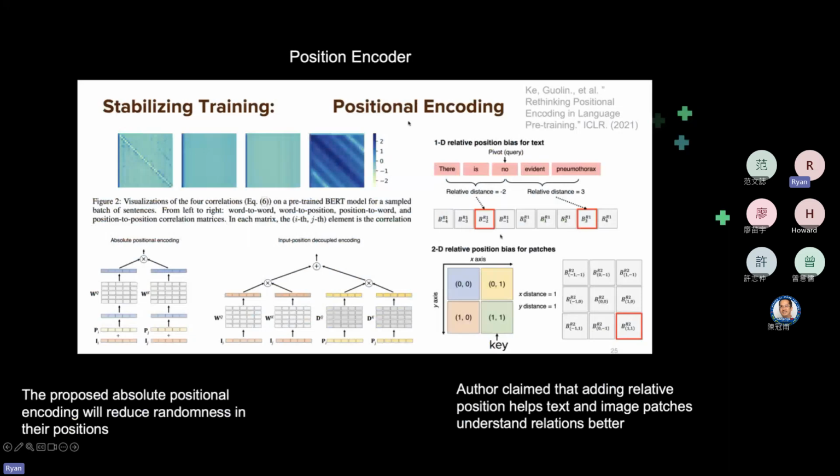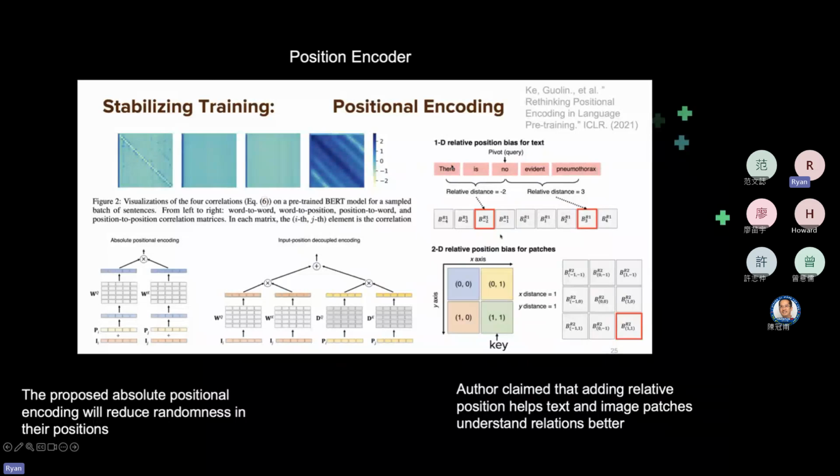For the position encoder I mentioned earlier, for the 1D relative position bias and the 2D relative position bias, the authors also claimed that adding these relative positions helps the text and image understand relations better. So instead of just knowing that pneumothorax is two distance away from the "no", and there is two distance away from "no", they also know that there is behind "no" and pneumothorax is in front of "no".